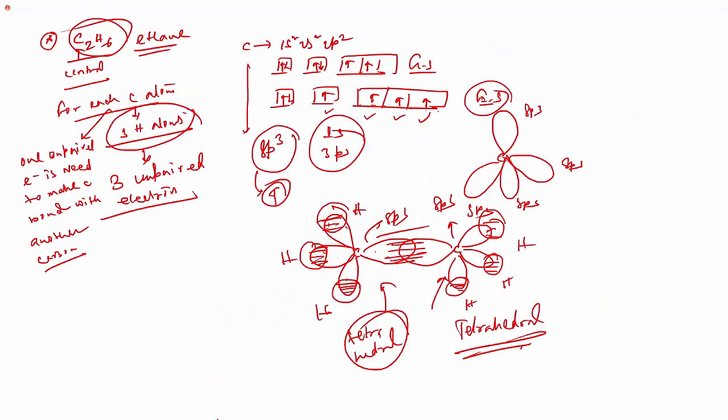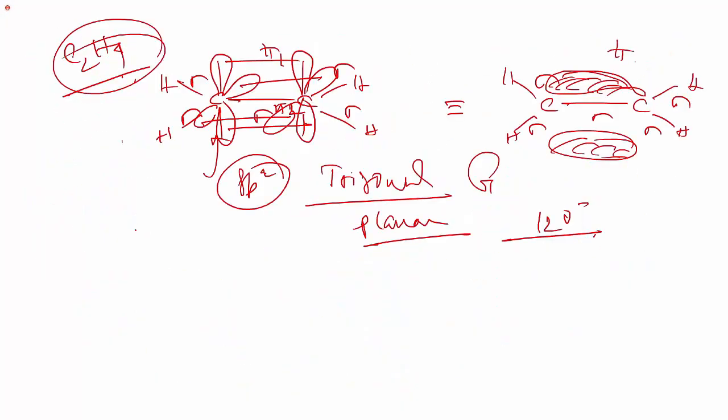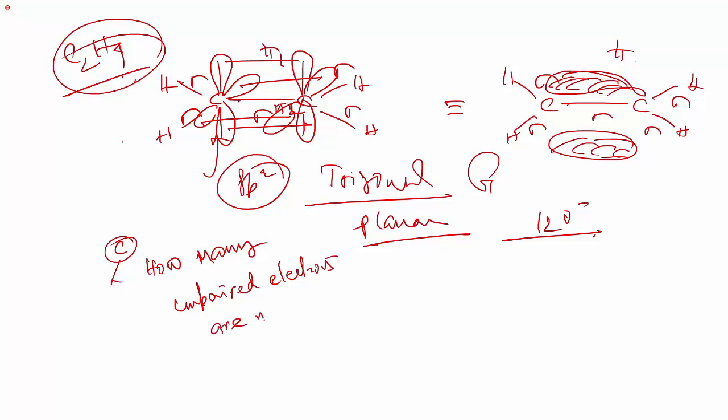So in this way, you first have to decide for each carbon atom how many unpaired electrons are needed to make sigma bonds.